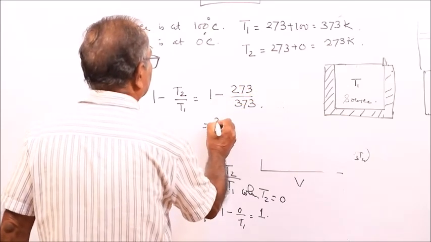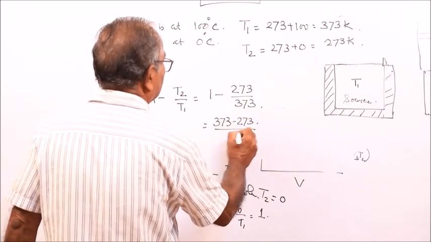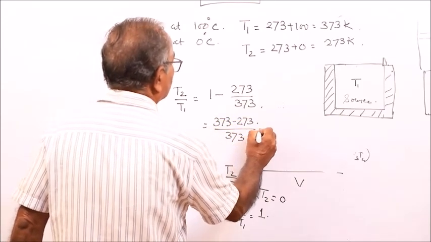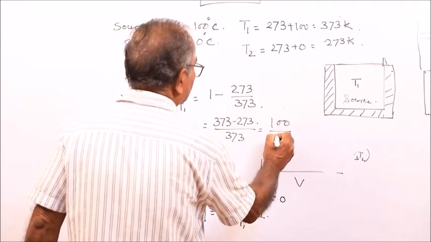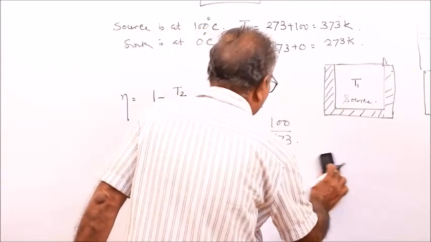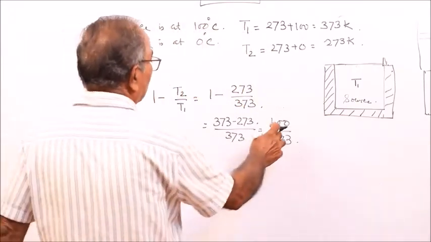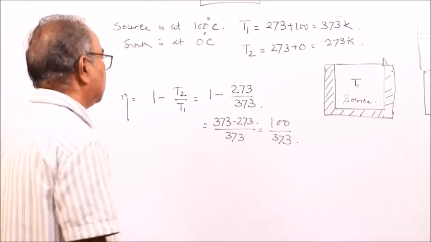So that is 373 minus 273 divided by 373, that is 100 by 373. And efficiency is always calculated in terms of percentage. So efficiency will be 100 into 100 divided by 373.